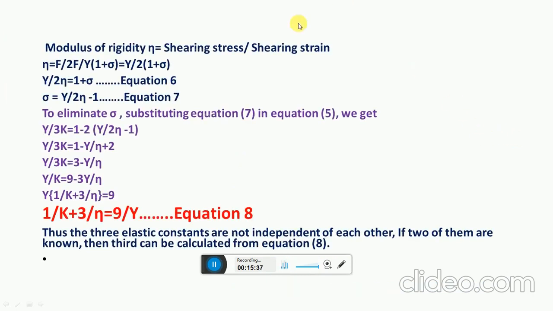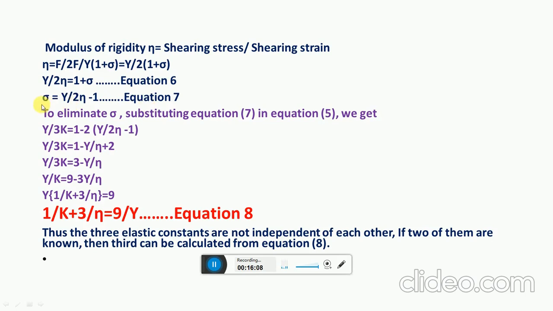Using the definition of modulus of rigidity, eta is equal to shearing stress divided by shearing strain. Putting the value of shearing stress and that of shearing strain, we have the particular equation. Rearranging the terms, we have Y upon 2 eta is equal to 1 plus sigma. Therefore, sigma is equal to Y upon 2 eta minus 1.